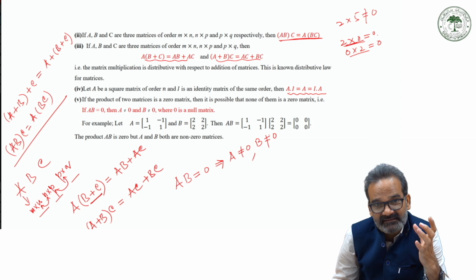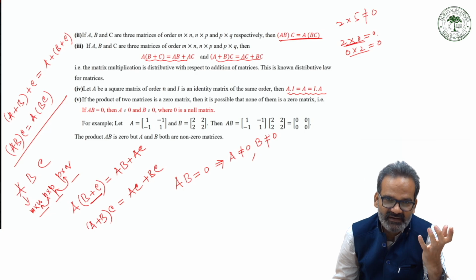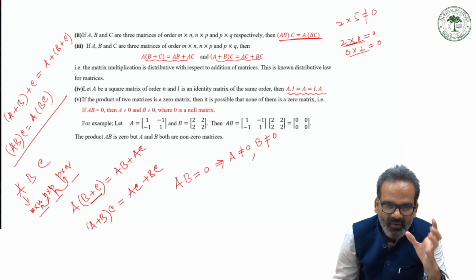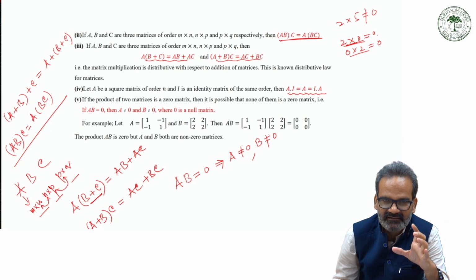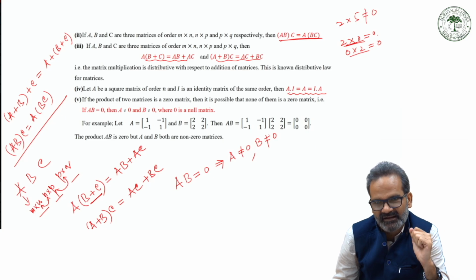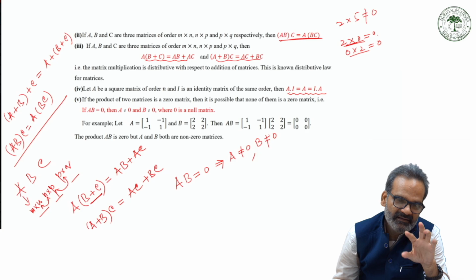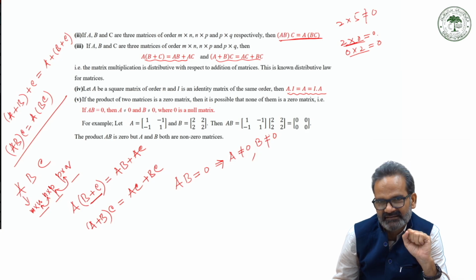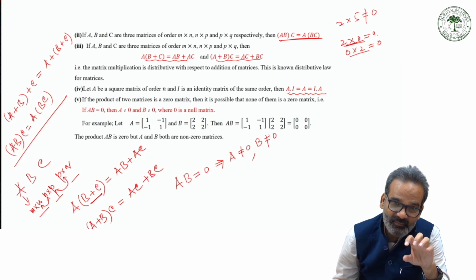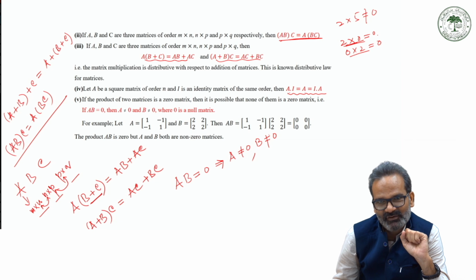Zero matrix, you know, zero matrix is a matrix whose all entries are 0, right? It is also known as null matrix. So what this property refers to, in fact, is if we take any two non-zero matrices and multiply them, the product of these two non-zero matrices may be a 0 matrix. This is what this property refers to.